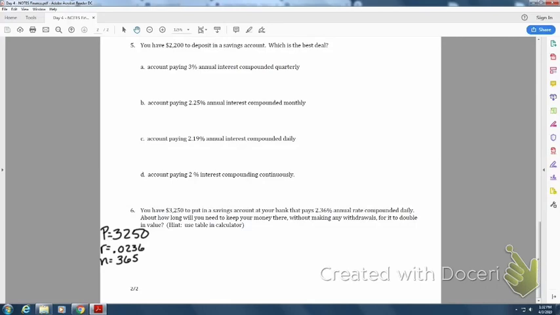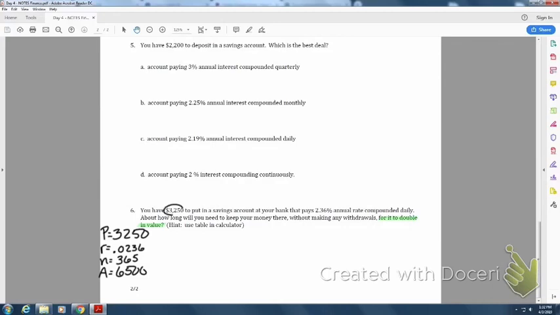It says about how long will you need to keep your money there without making any withdrawals for you to double the value. So what is my final amount? $6,500. Okay, you'll see that sometimes whenever it's asking you to double in value, it's talking about that initial value doubling.